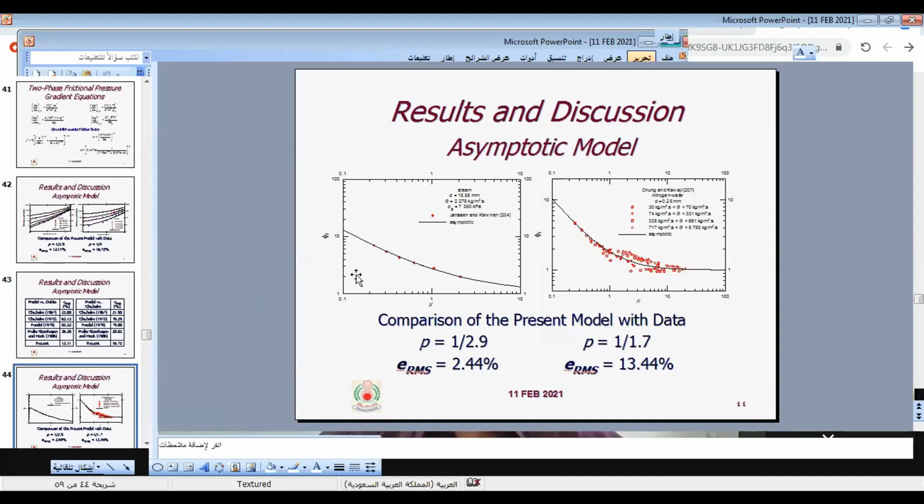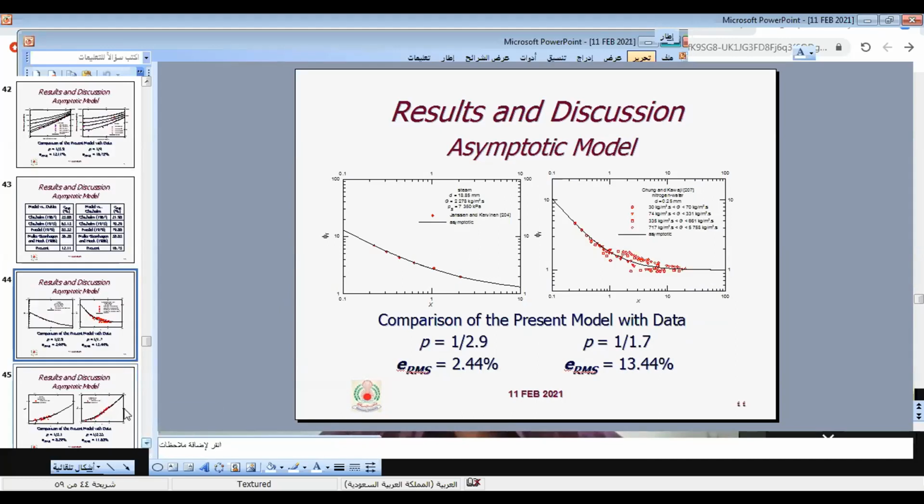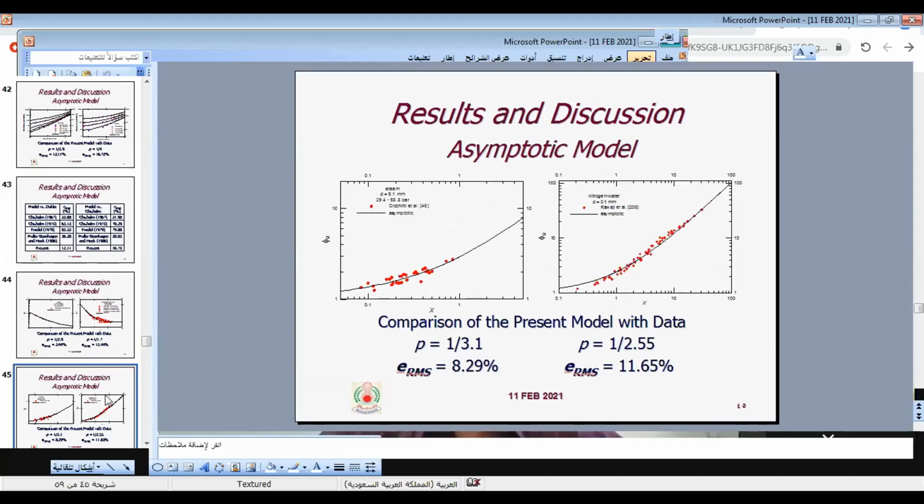Also, I compare this model in dimensionless form, either in terms of phi L versus X, as shown in this slide, using different data points from the literature, or, as shown in the next slide, in terms of phi G versus the Lockhart-Martinelli parameter.